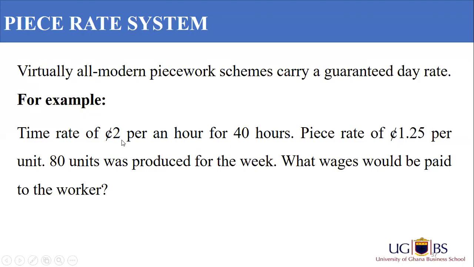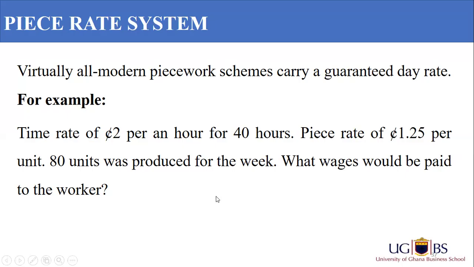But if in case you produce 40 units, right, then you are going to get 50. And then 2 times the 40 here is going to give you 80. Then you are going to be paid the minimum one, which is the 80, the guaranteed minimum.